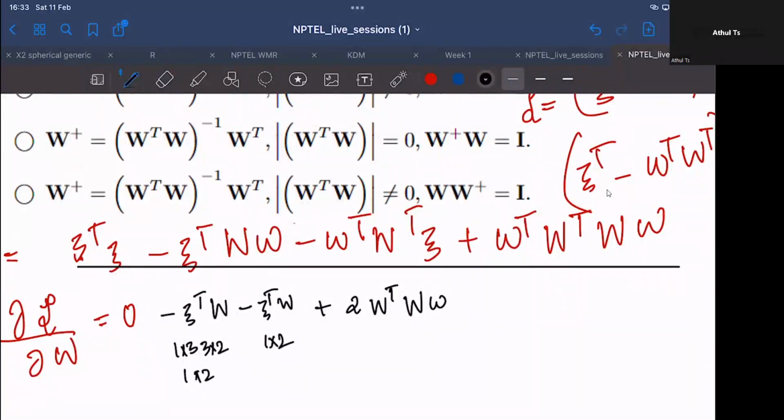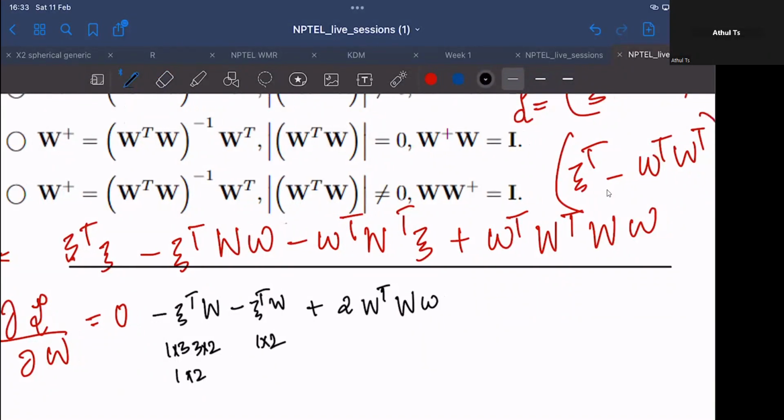And the other case would be 2 times 2 cross 3, 3 cross 2, and 2 cross 1. This would be 2 cross 1.